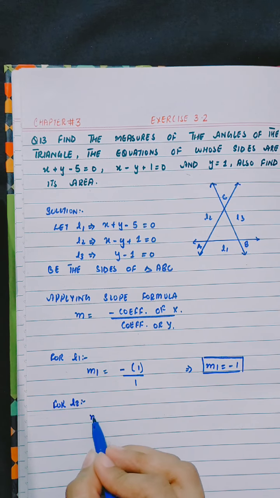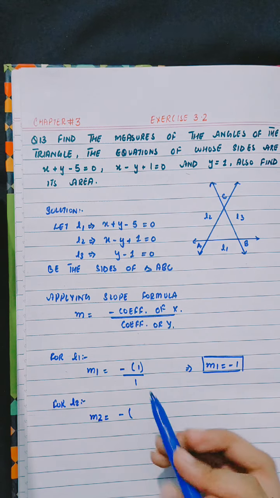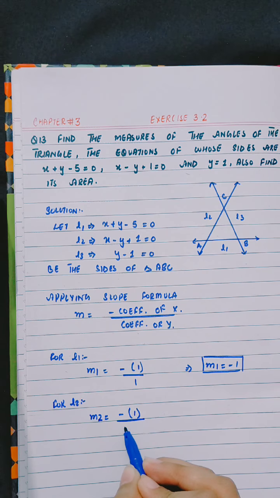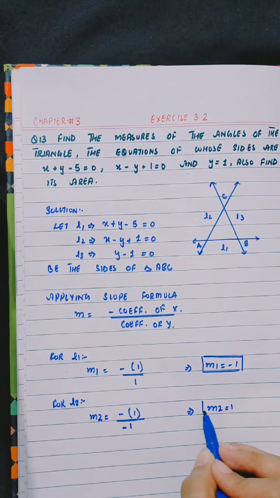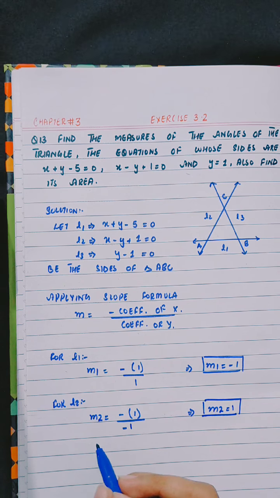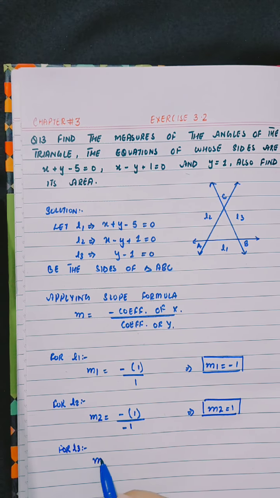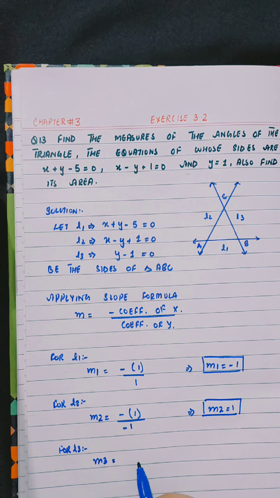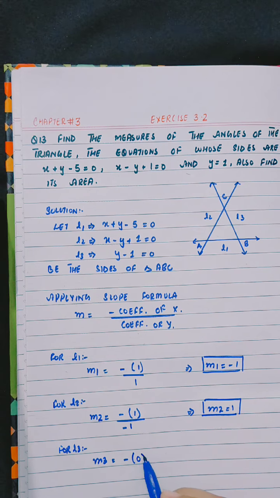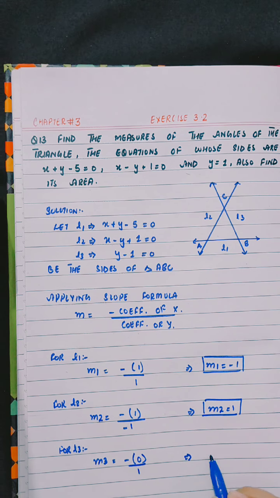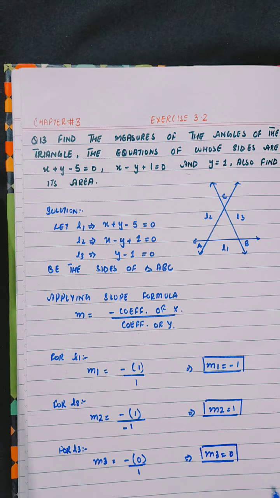Now for L2, m2 is equals to minus coefficient of x is 1 and coefficient of y is minus 1. m2 is equals to 1. For L3, m3 is equals to minus coefficient of x is 0 divided by 1, m3 is equals to 0.